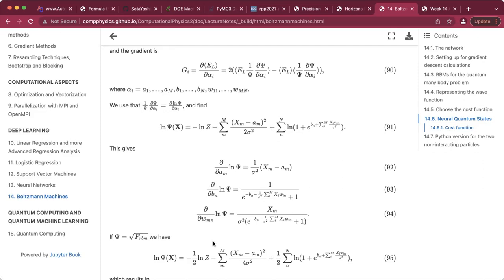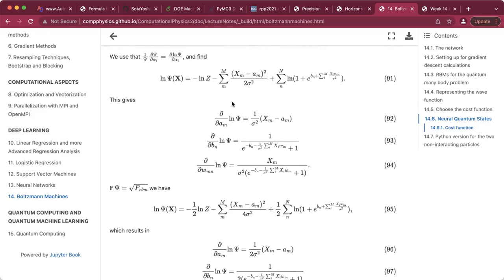I hope you can forgive me for not going through all these derivatives on the whiteboard, because this is not what I might call an exciting thing to do. We know how to take derivatives. So I hope you can forgive me for just stating the expressions, because these are the expressions which at the end we need to code.